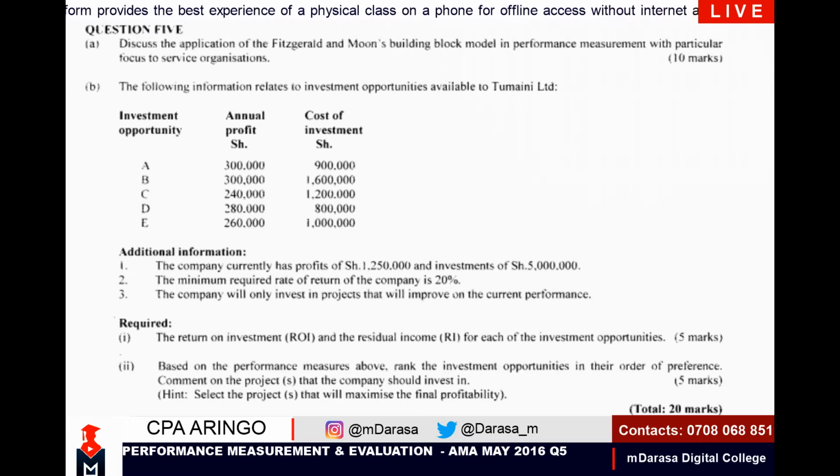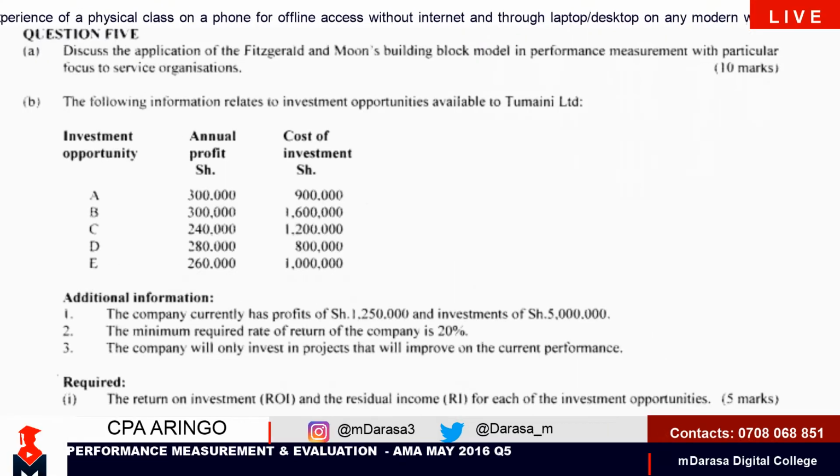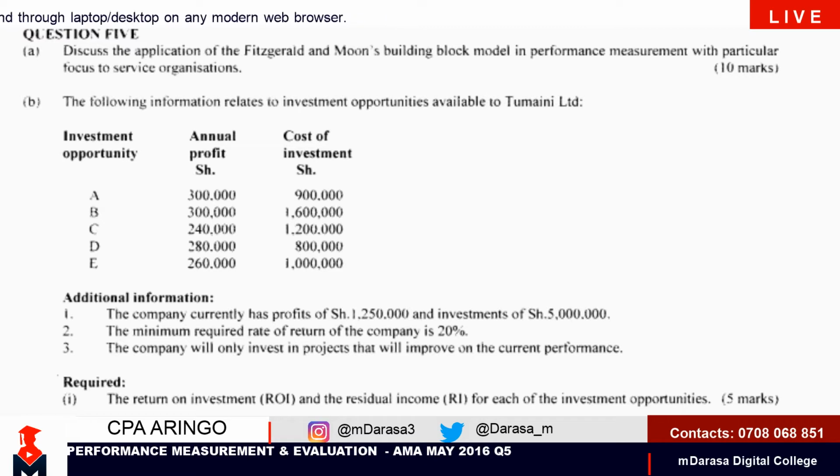So how will we determine our return on investment? That will be very simple. For project A, we are going to take our annual profit, which is 300, right? You can clearly see it there. We divide by the cost of investment, which is 900,000, correct?